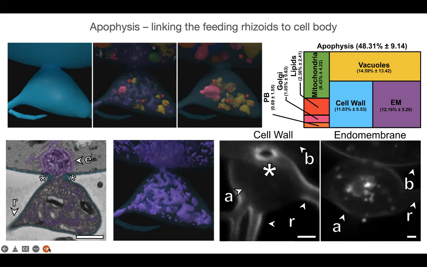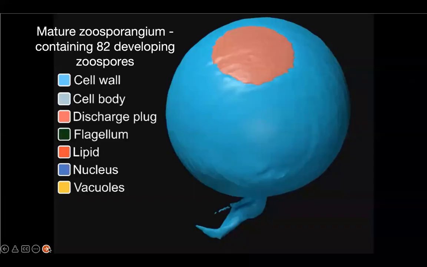This tiny little hole separates attaching and feeding that the rhizoids do from reproduction that the zoosporangium does. And if you think about how hyphal fungi function, they have septa. They have walls between individual cells, with small holes called septa. So we're thinking, is this an early form of that differentiation that we see in higher fungal cells?